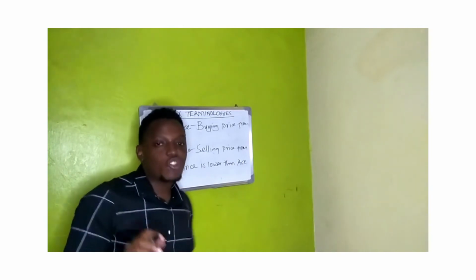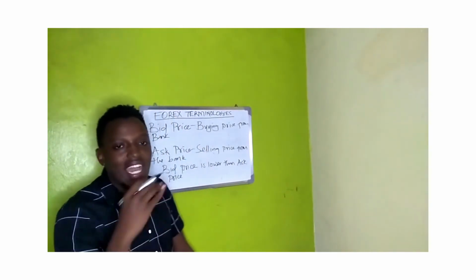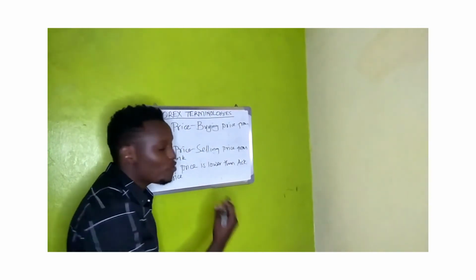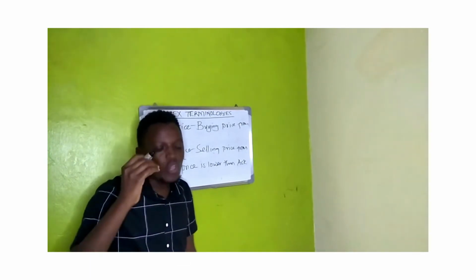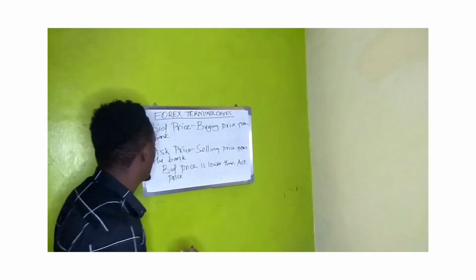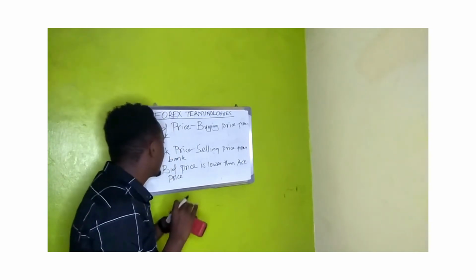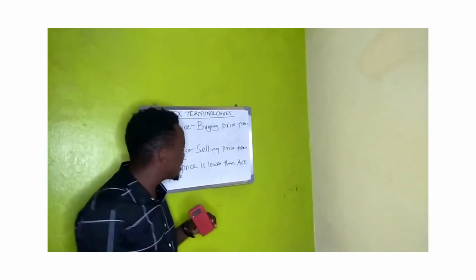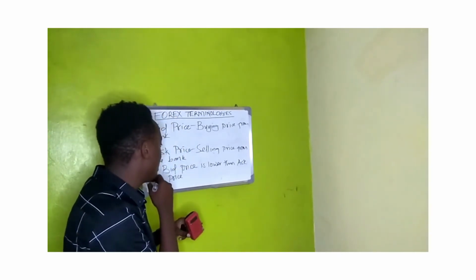The bid price is going to be lower than the ask price because they have to make a profit out of that transaction. I hope you got that point very clearly. I hope I was as clear as I could be in explaining that point.